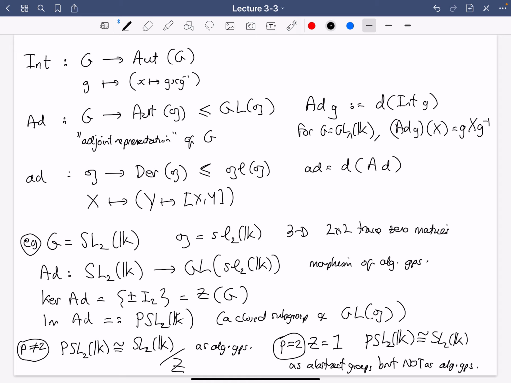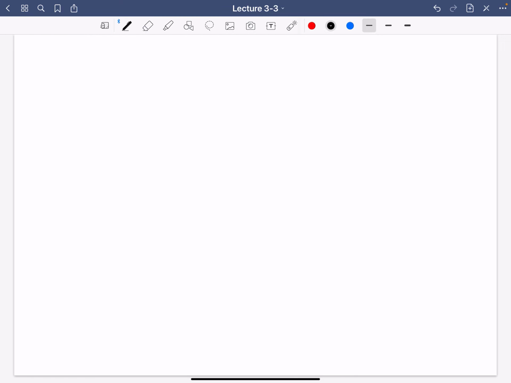So I thought I would try and think a little bit more about what's going on in P equals 2 here, just thinking about this example. In this case, you can think about little a add, right? That's the differential of the big A add. So it goes from the Lie algebra of G, which is little SL2 of K, to the Lie algebra of PSL2 of K, which is little PSL2 of K. By our convention, in little letters, that means the Lie algebra of the group in capital letters.